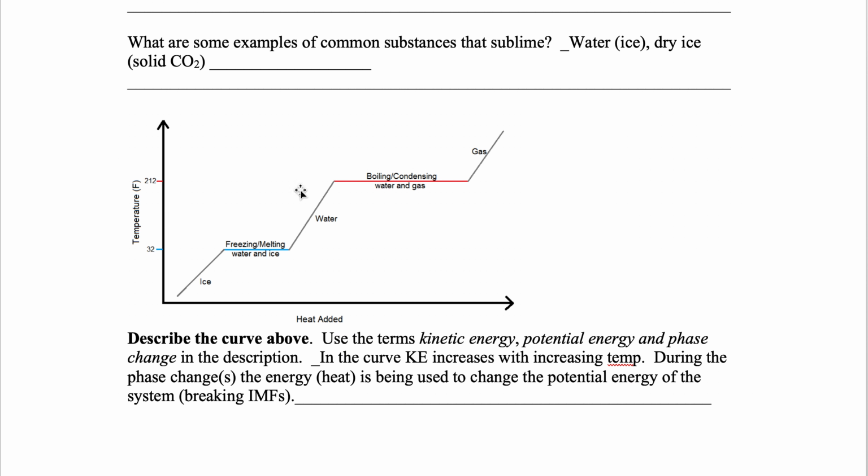When you're on this heating and cooling curve, if you're doing the cooling part, the gas is cooling down and then begins to condense, and potential energy is changing because IMFs are forming and energy is released.